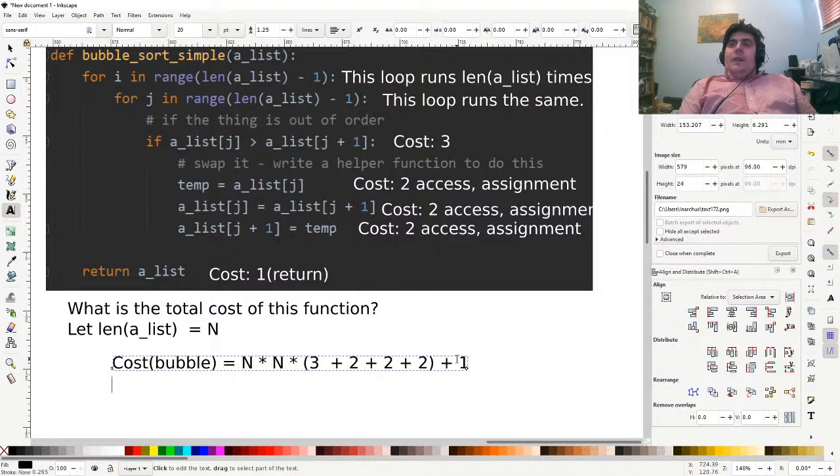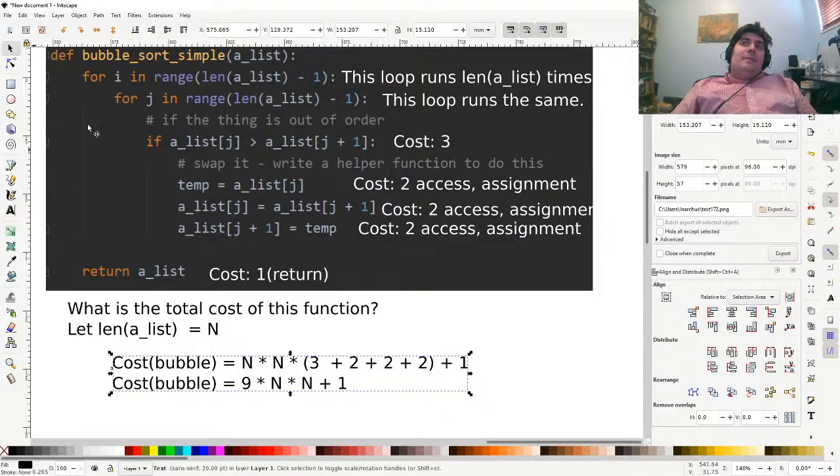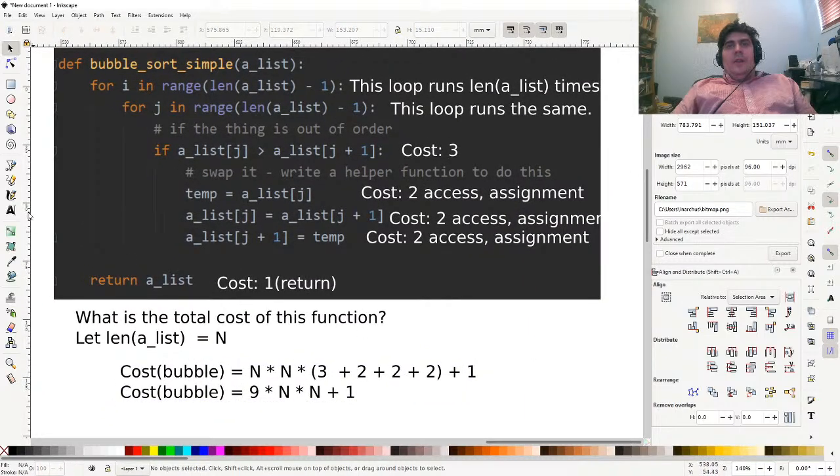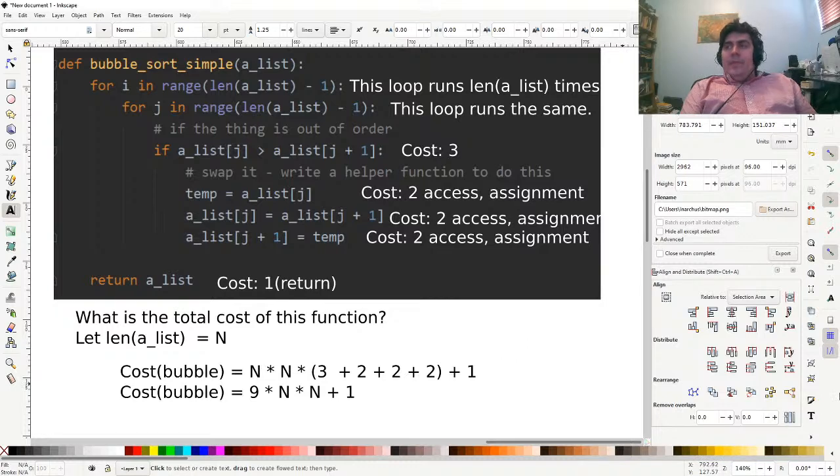So here the cost of bubble sort is going to be equal to n squared, well, n times n, I guess, times, and then what's the constant that pops out here? It's, what, 6, 9, so we got 9 times this plus 1. Okay, so this is why we generally call bubble sort an O of n squared, and I guess maybe I'll use LaTeX for this.